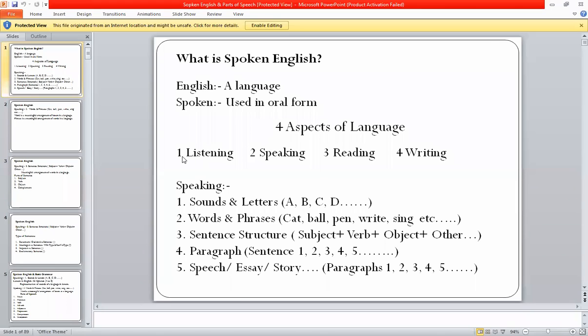Okay, so listening comes first. This is the very first aspect we use for learning any language. Generally, in our childhood, we are surrounded by our family members, like our mother, our father, our brother, our grandfather, our grandmother.